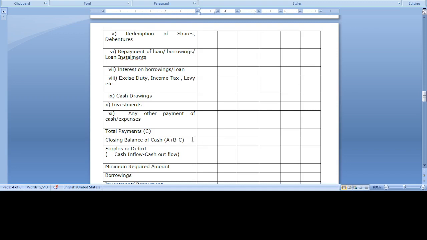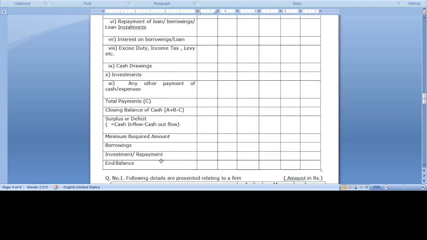As per the syllabus and the discussion made within the faculties related to financial management, you have to answer till surplus or deficit. But still, you should know what the cash budget actually is as per the financial management book written by Khan and Jain. Sometimes a minimum required amount will be given. If it is given, then you have to keep the minimum required amount, and the remaining amount can be taken as opening balance.